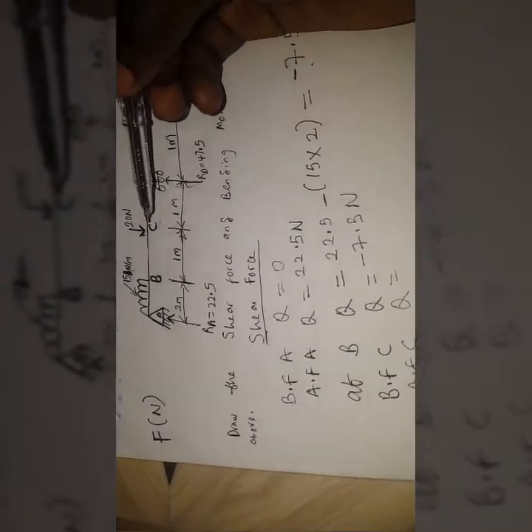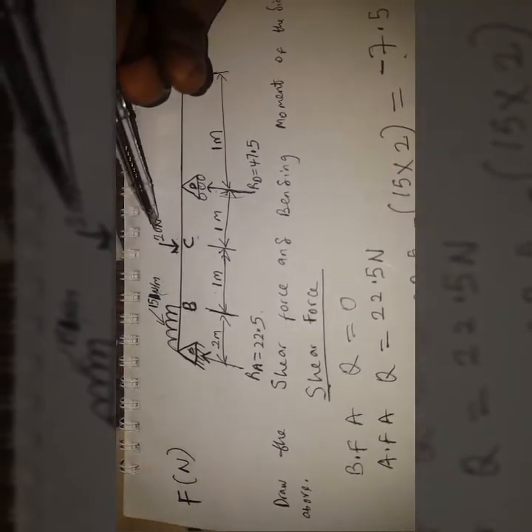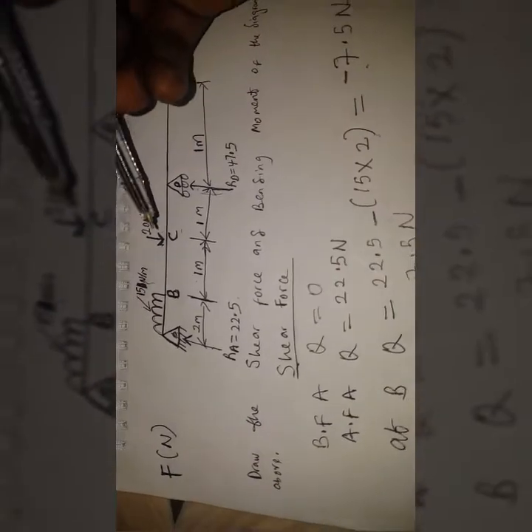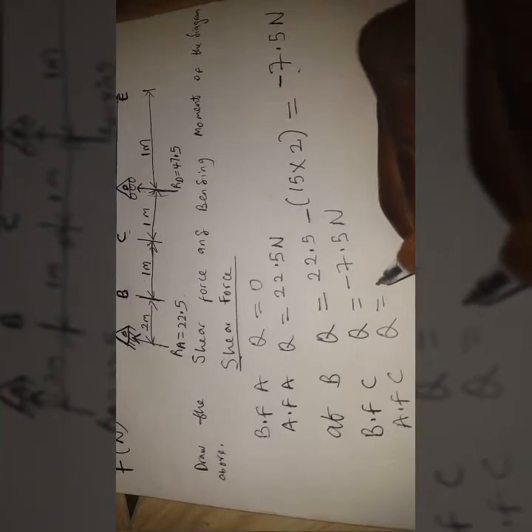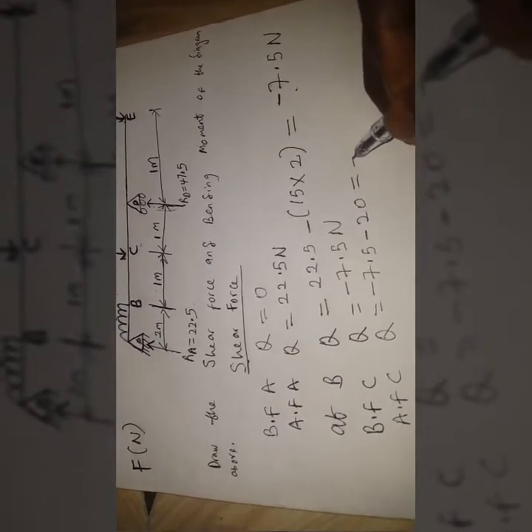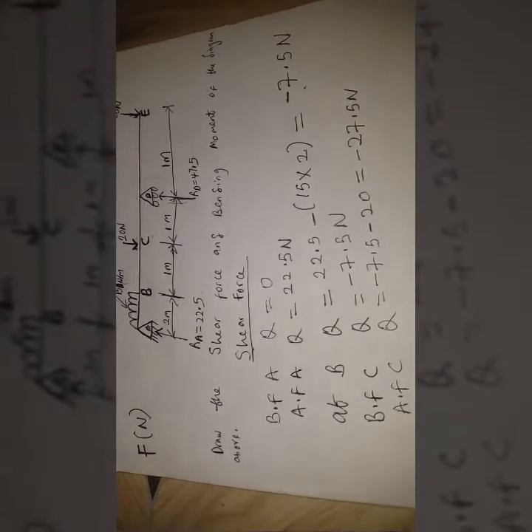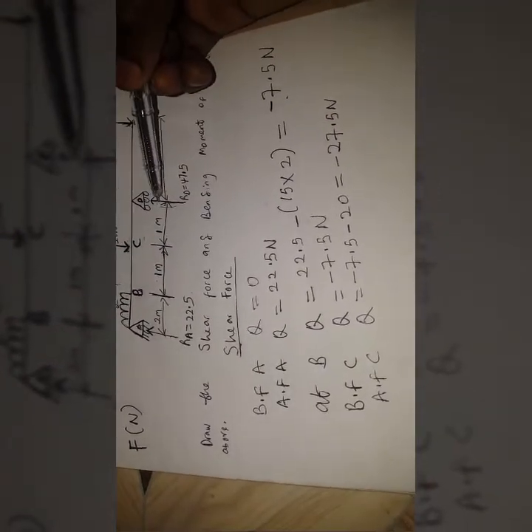Let me go back to the diagram. At point C, we have a 20 Newton point load. So after C now, we'll have minus 7.5 minus 20, which will be equal to minus 27.5 Newton.